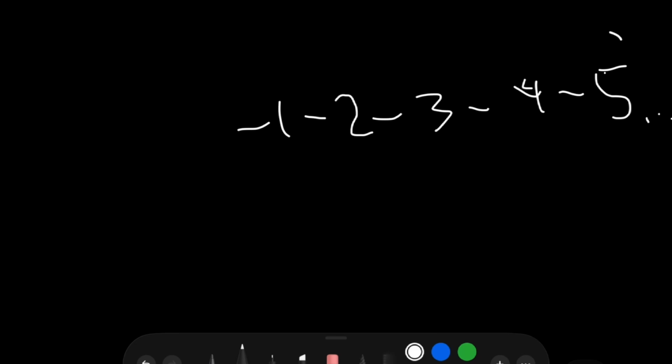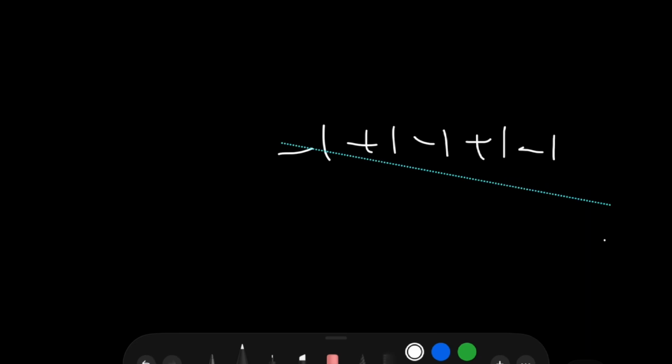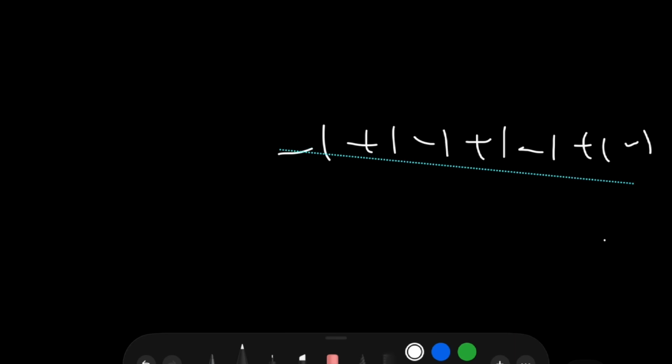Well, let's say we have a sequence like negative 1, plus 1, minus 1, plus 1, minus 1, plus 1, minus 1. And it goes on and on and on.